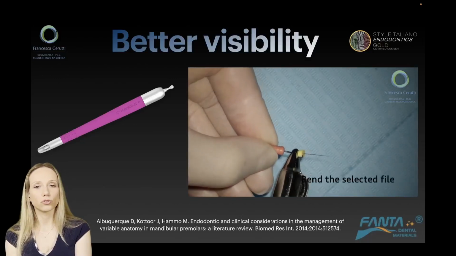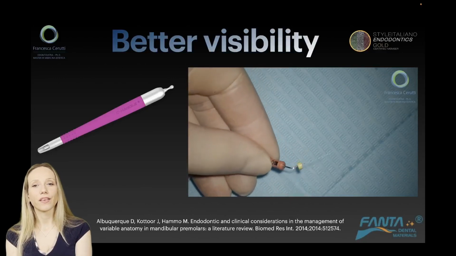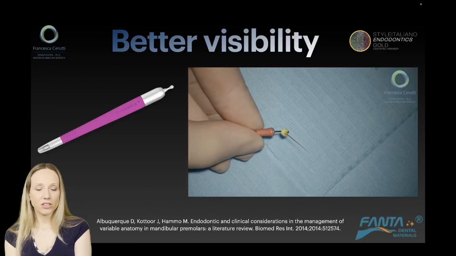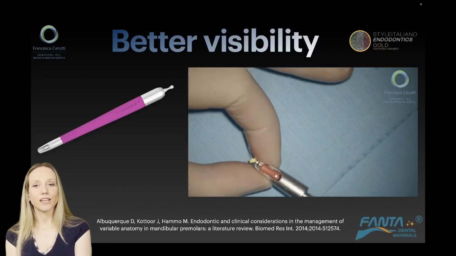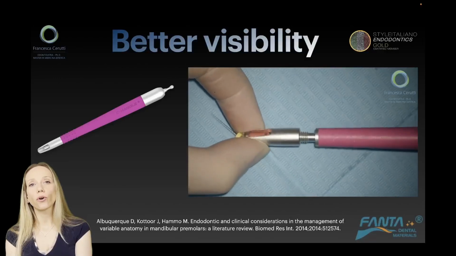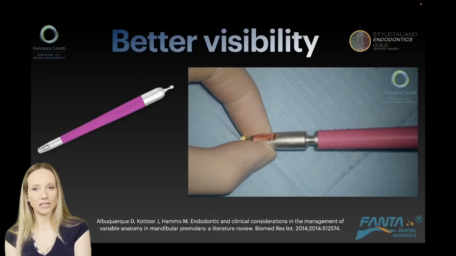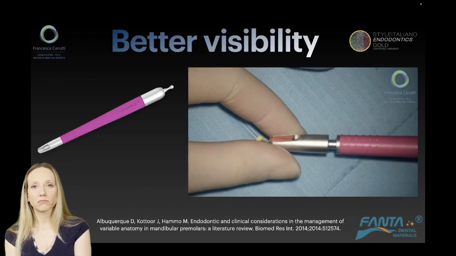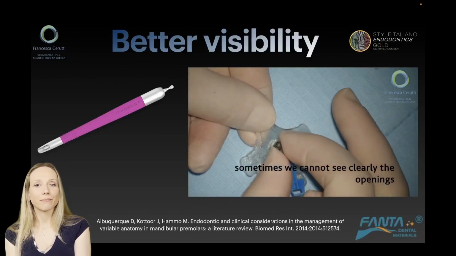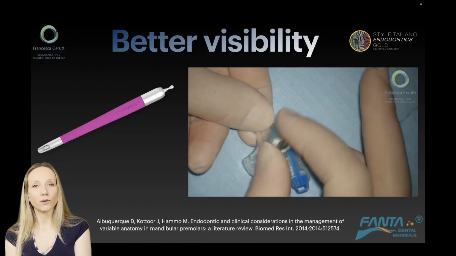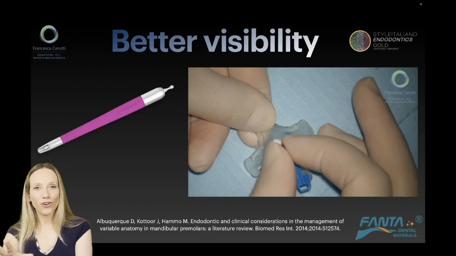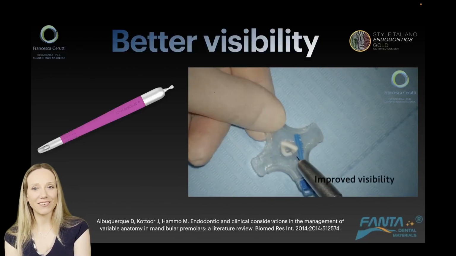You choose your favorite file, put it into the handle, and screw the handle on the tip. In this way you secure the file to the handle and you can use it as you were using your own hands, because sometimes we cannot really see what we are doing if our hands block all of the space of the access cavity.